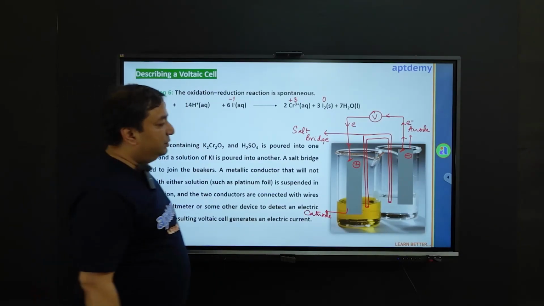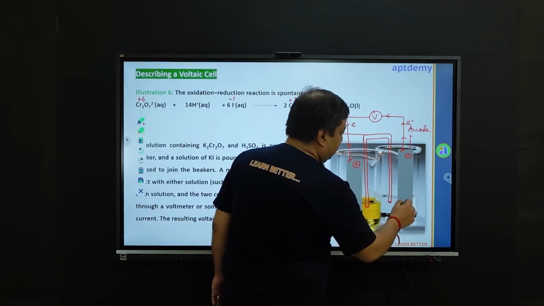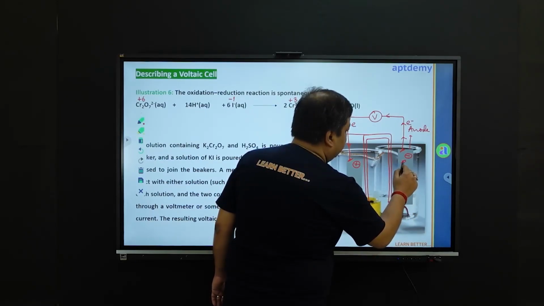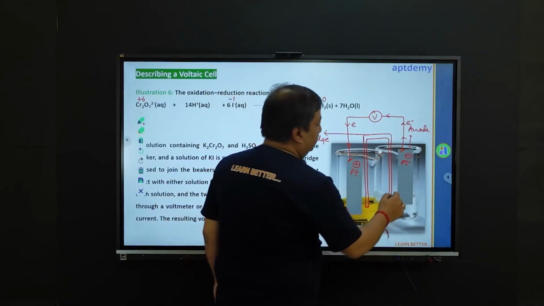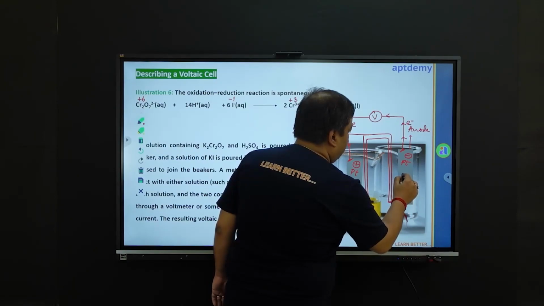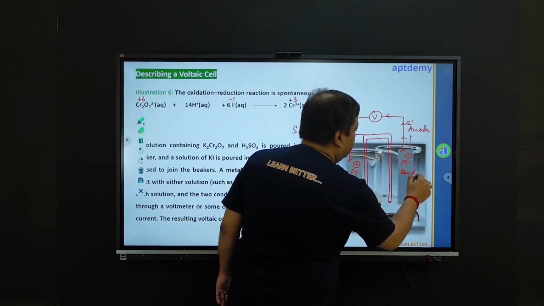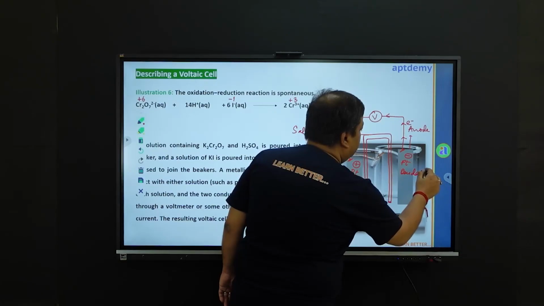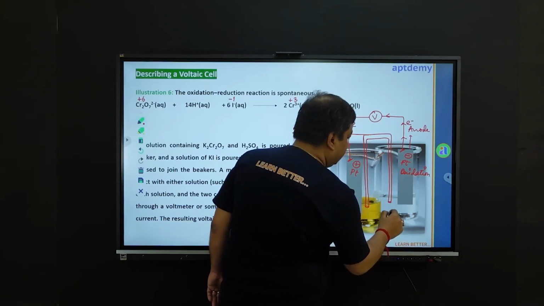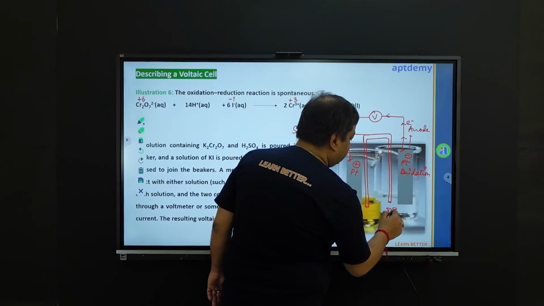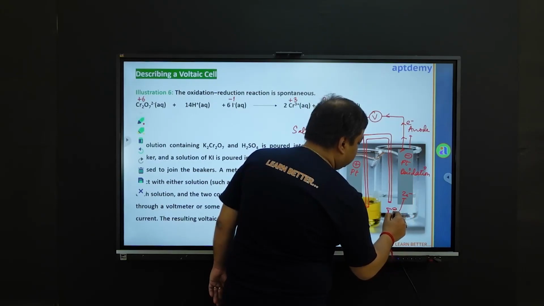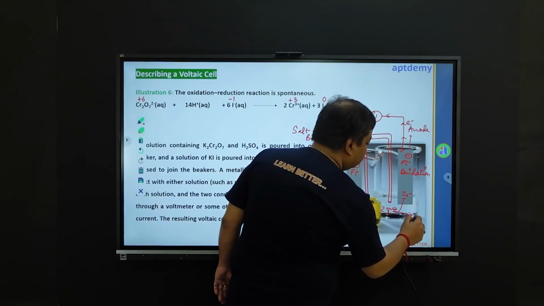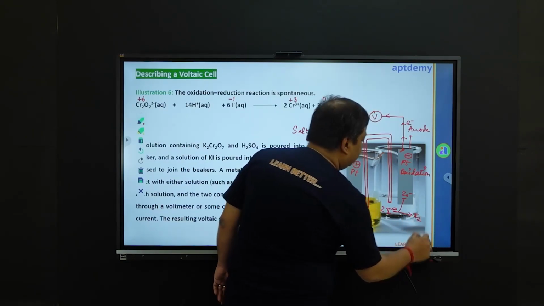Near this platinum electrode, which is the anode, oxidation will take place. So 2I minus loses 2 electrons and forms I2.